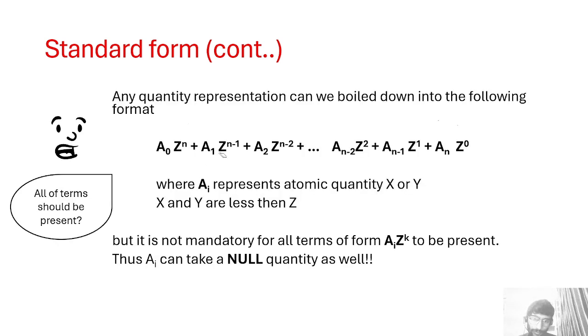So in this form, we said that these terms, the powers of z, can be omitted, because a will always be some quantity, which means all the powers of z will be present.